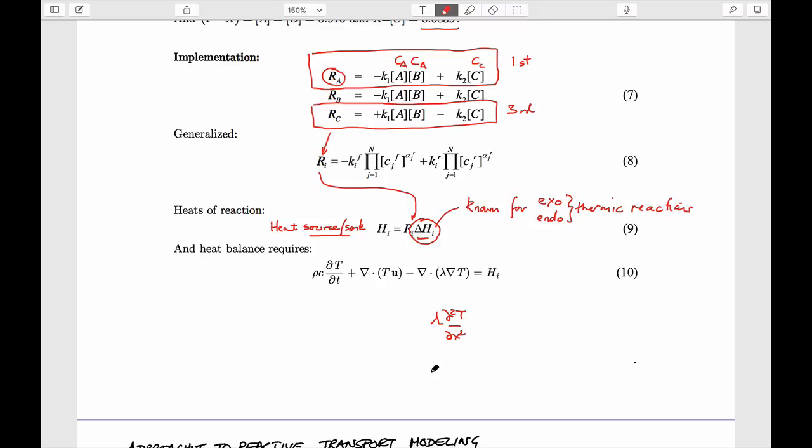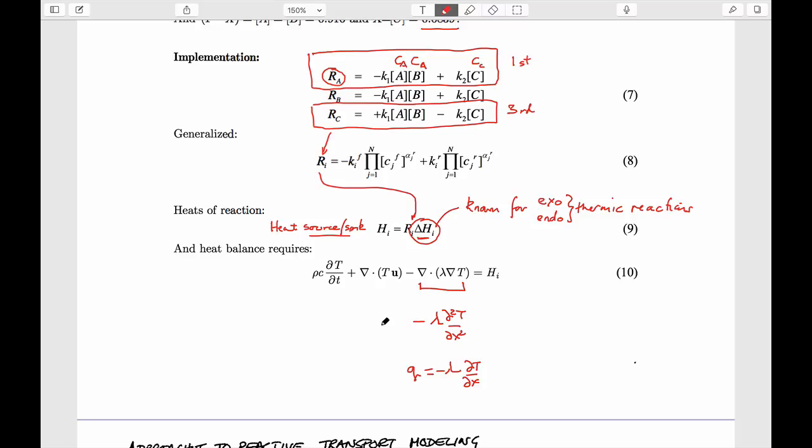Thermal coefficient. Fourier's law is that heat flux is equal to thermal conductivity times change in temperature with location. A minus sign because it goes in the opposite direction of the positive gradient. So that's this term here. This is thermal conductivity.